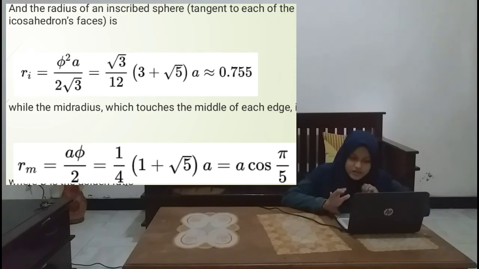Well, the midradius, which touches the middle of each edge, is Rm equals a times φ over 2, equals 1 over 4 times (1 plus the square root of 5) times a, equals a times cos of π over 5.